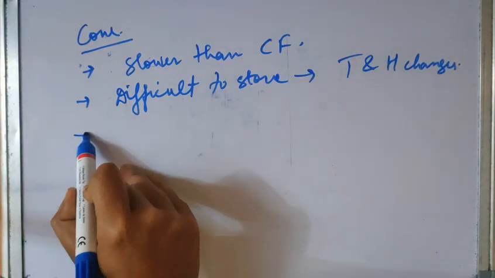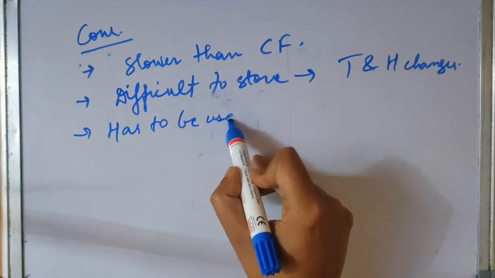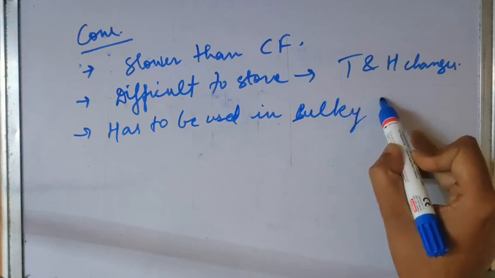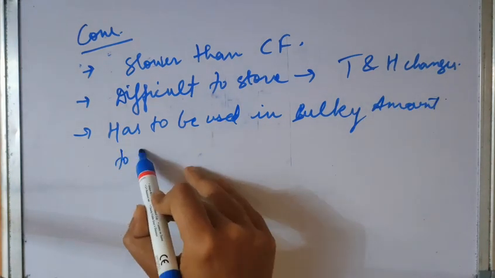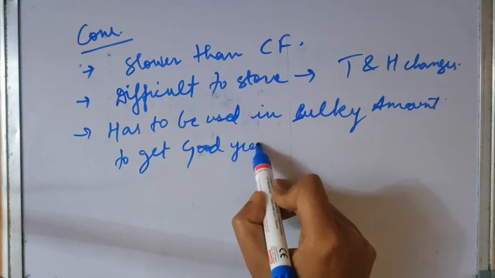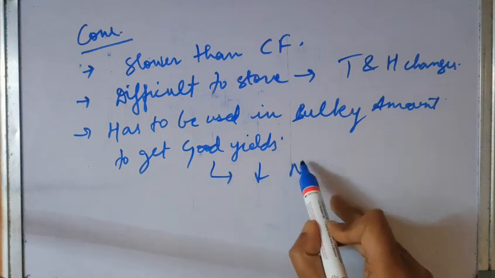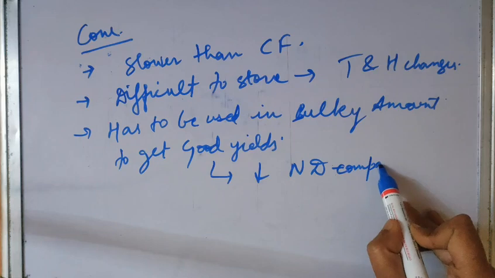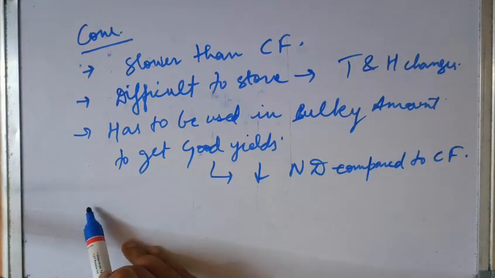Has to be used in bulky amount to get good yields, as they have lower nutrient density as compared to chemical fertilizers.